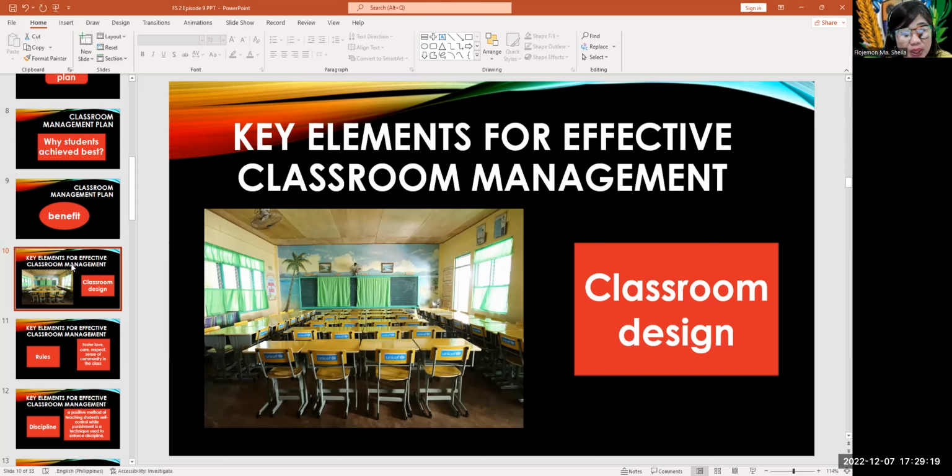We are also looking into some bulletin boards inside the classroom. And you have to also see to it that the displays inside the classroom are related to all the subjects, pleasing to the eye, and do not hinder the learning style of your students.